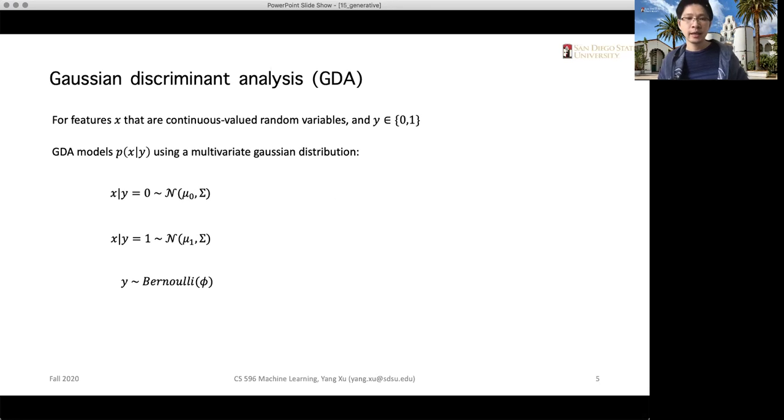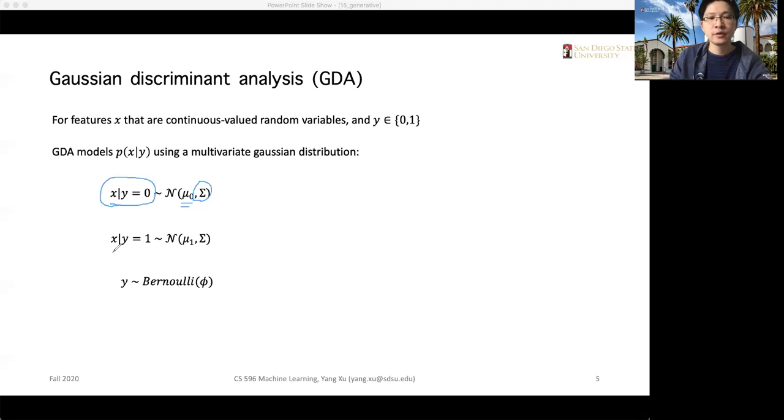For a multivariate distribution, we will need to have a mean value, right? Because y has 2 outcomes, it's actually 2 probabilities. The probability of x given y equals 0 has its own mean, which is mu 0, and a covariance matrix, because it's a multivariate random variable.